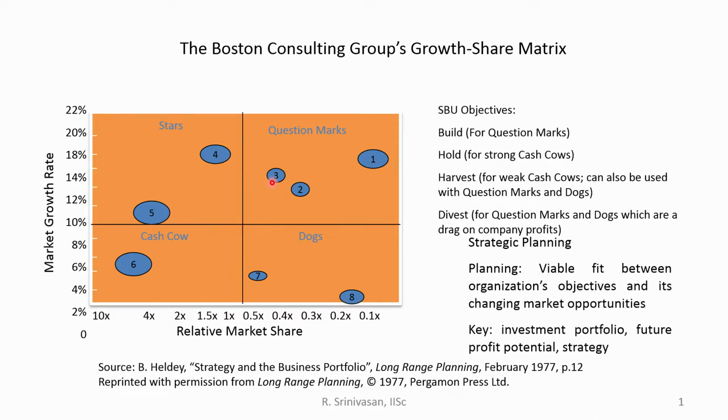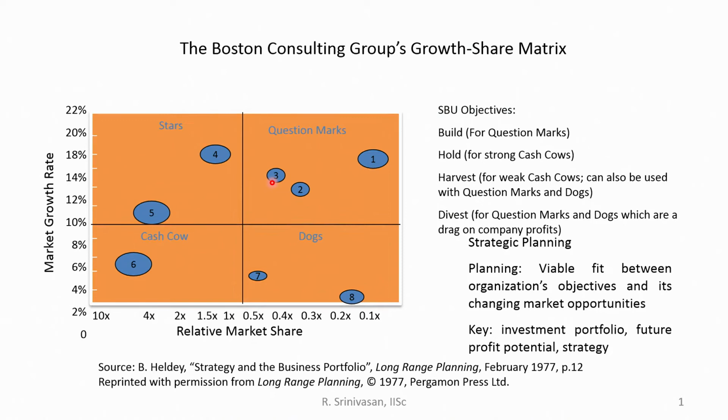To put it in simple English, they are trying to find their feet in the market. So, you have launched a product and that product has entered the market. Now, till it stabilizes, you do not know what is going to happen to that particular SBU. So, any SBU which enters the market initially will be in the question marks.